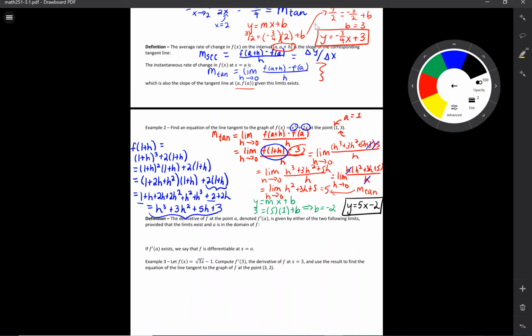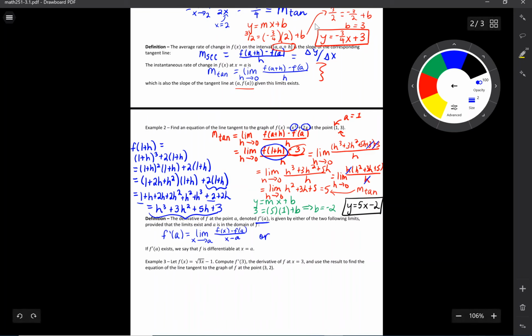Okay, you ready? The derivative of f at the point A, we call it f prime of A, is given by either of the following two limits provided that they exist and that A is in the domain of f. So these should look familiar because we've already seen them in this lesson. The first one is f prime of A equals the limit as x goes to A of f of x minus f of A over x minus A. This was the first definition of the tangent line that we learned today.